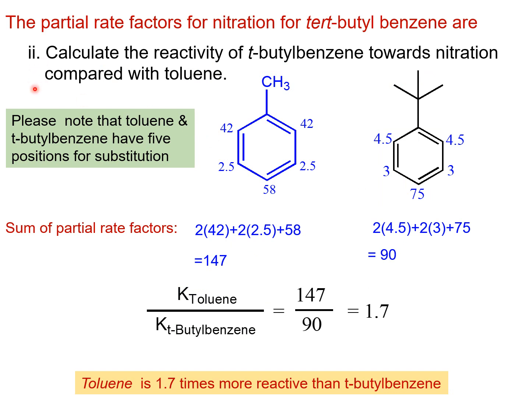Secondly, you have been asked to calculate the reactivity of tertiary butyl benzene towards a nitration reaction and compare it with the toluene. Please note that the toluene and tertiary butyl benzene have 5 positions for the substitution.